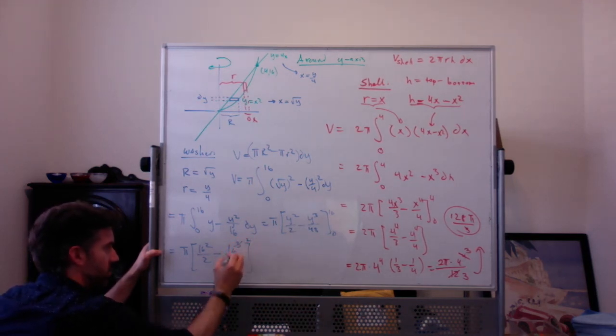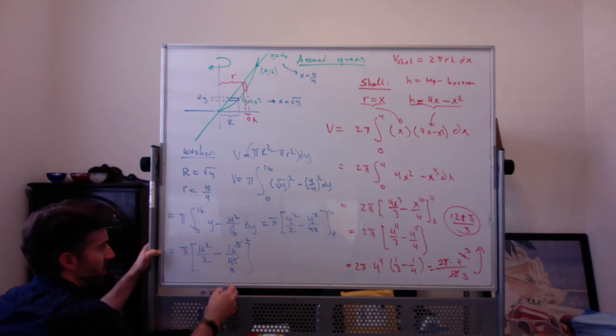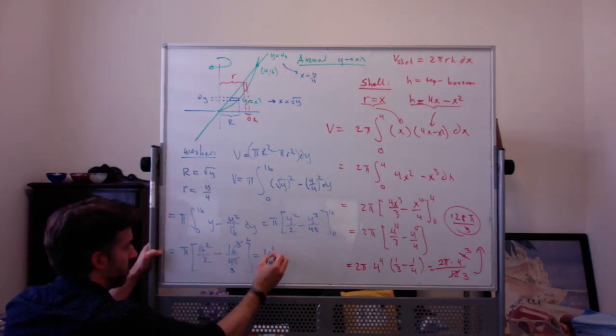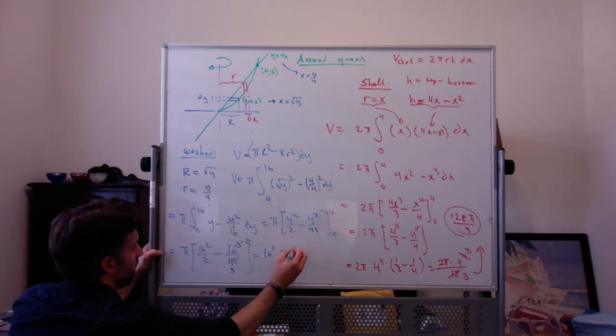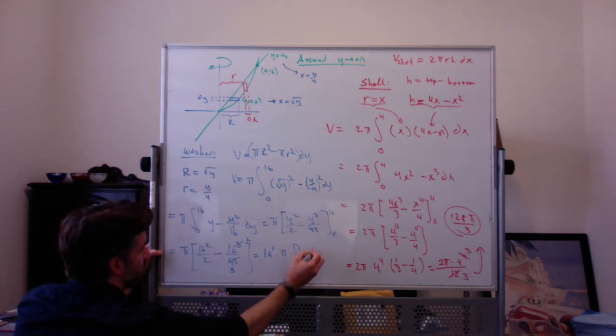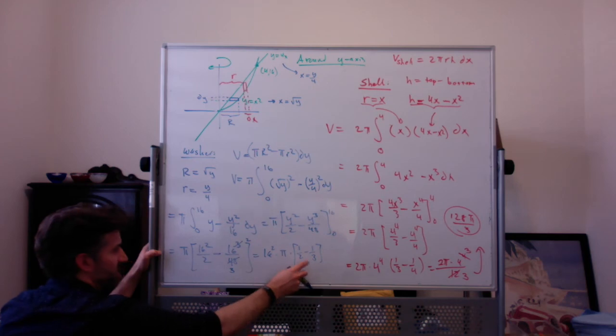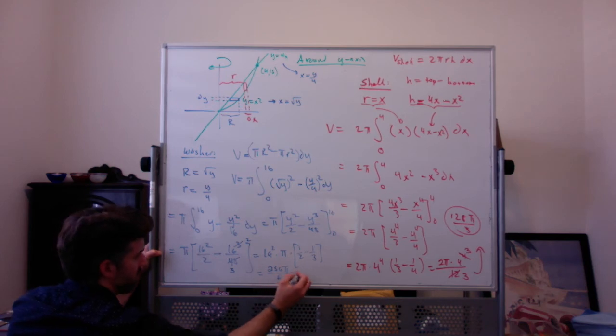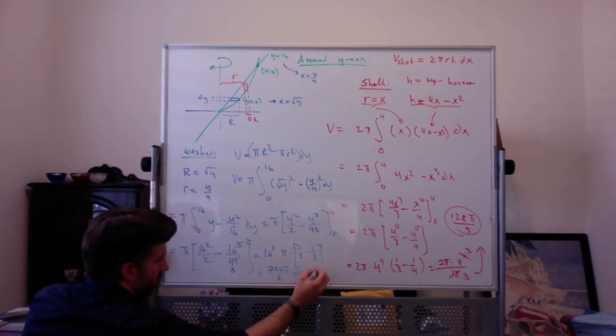Then I've got 16 squared and 16 squared, so I'm going to factor out 16 squared times pi times 1/2 minus 1/3. That's 3/6 minus 2/6, which is 1/6. So we've got 16 squared, which is 256 pi over 6. Cancel a 2, and you get 128 pi over 3.